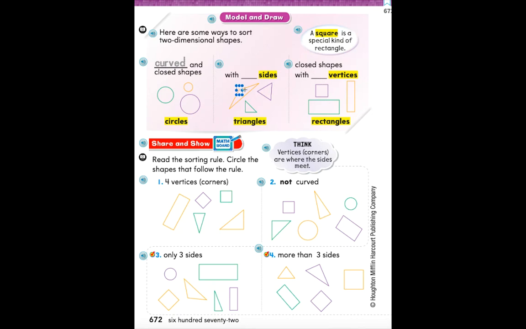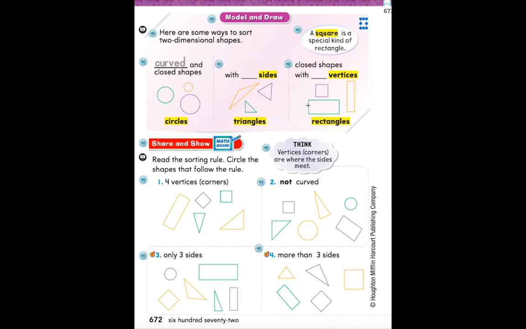And how many sides do you see in a triangle? Let's count. One, two, three. Three sides in the triangle.